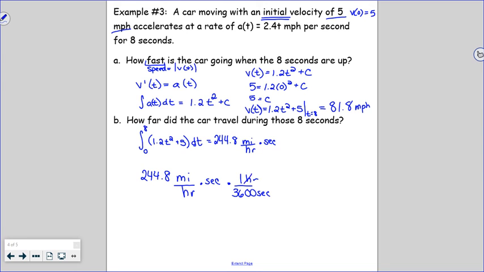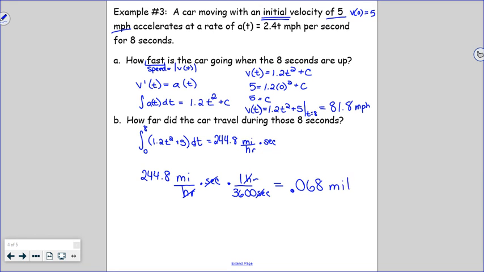But my labels cross off here, and it looks like my number of miles would be over 3,600, which is 0.0 something.